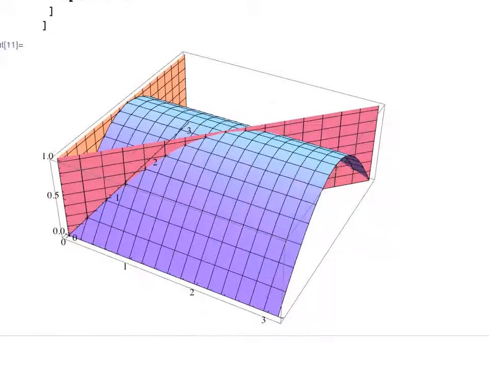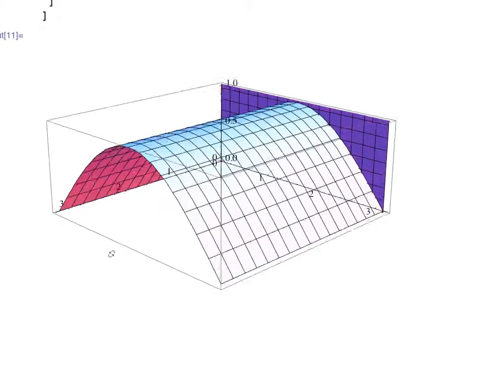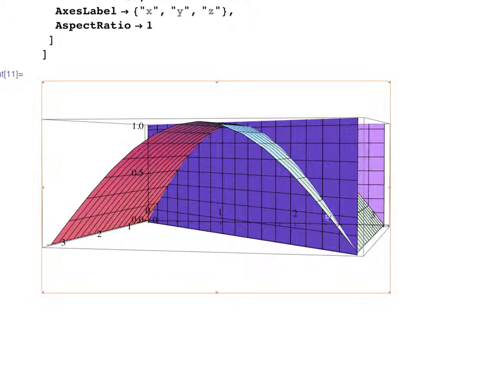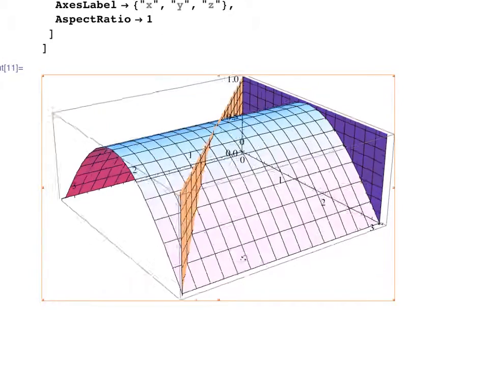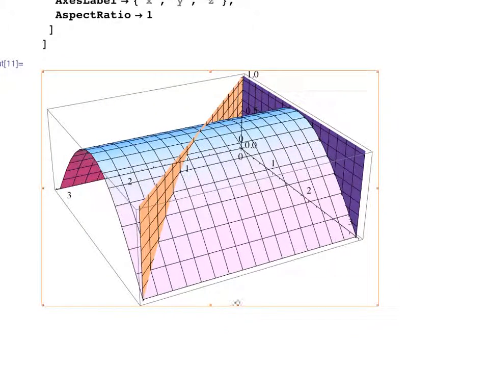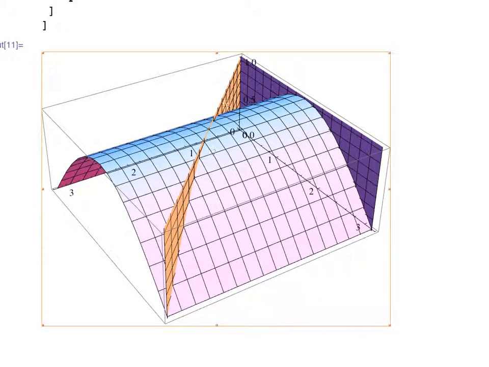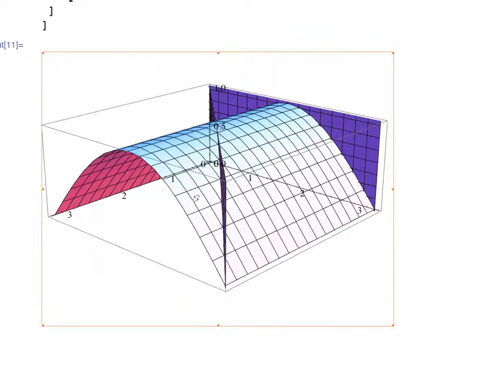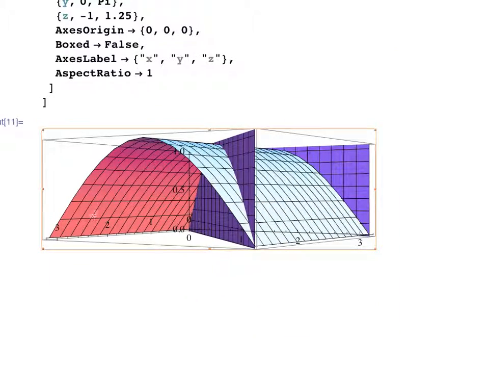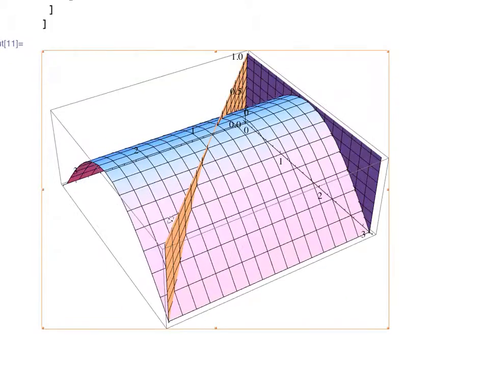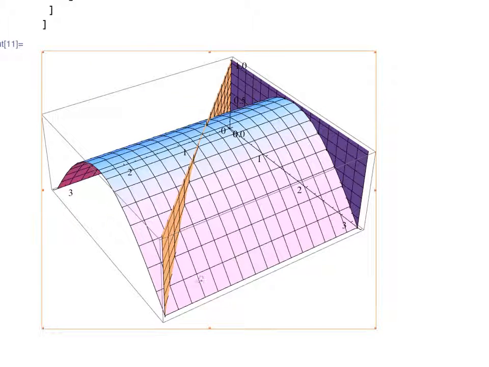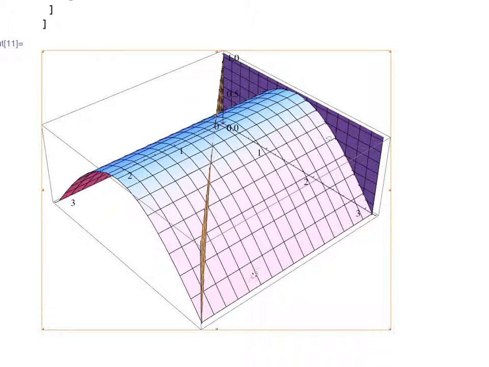Let me spin this a little bit because the axes aren't labeled very well. There we go. That should look a little more familiar to you. This is the plane y equals x, and x equals 0. And there's that cone sort of thing that I was talking about. Basically, all of this would not exist, and this piece here is what I'm actually trying to integrate over.